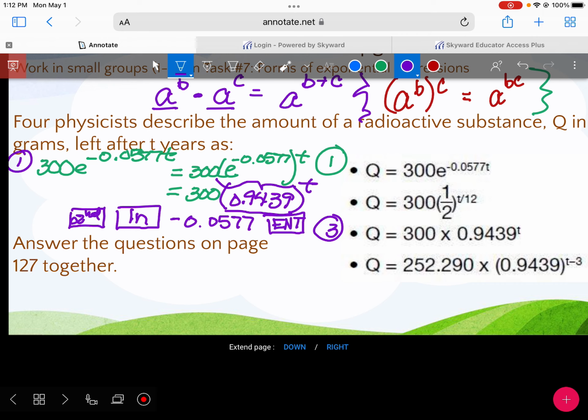All right. Now, let's go from the first one. Let's try to get to the second one. So, 300e to the negative 0.0577t. And I want to try to get to 300 times 1/2 times t to the 12th.